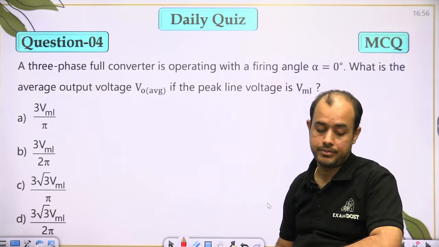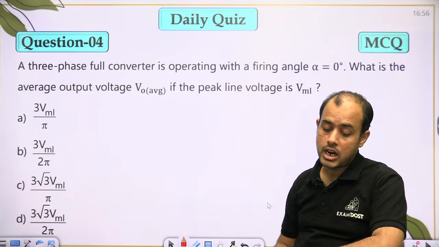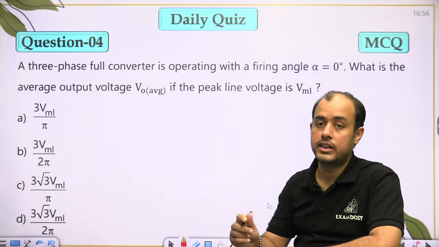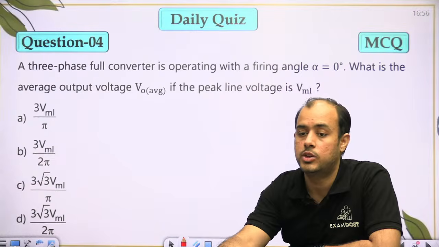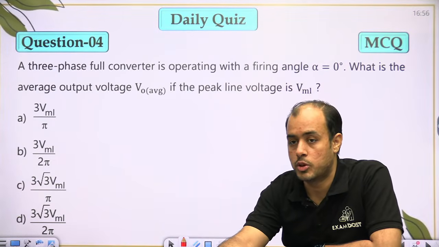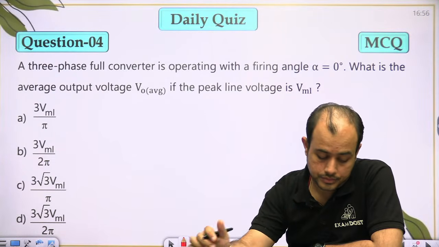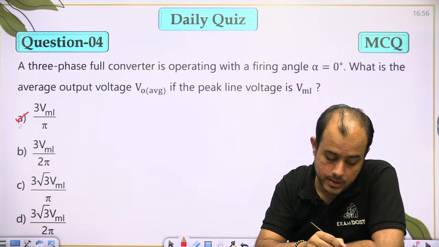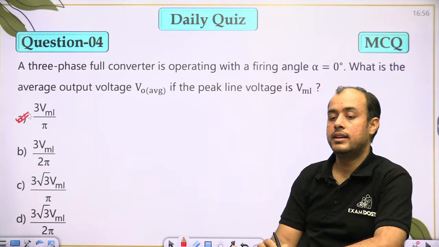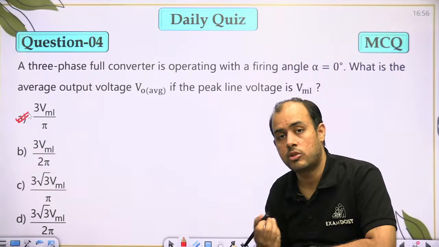इज 30 डिग्री. चलिए, एवरेज आउटपुट वोल्टेज फॉर अ फुल कन्वर्टर विद अल्फा इक्वल टू 0. ठीक है, एवरेज आउटपुट वोल्टेज फॉर फुल कन्वर्टर विद अल्फा इक्वल टू 0 बताइए. 3 VML by pi. Okay, because it is 3 VML by pi cos alpha.